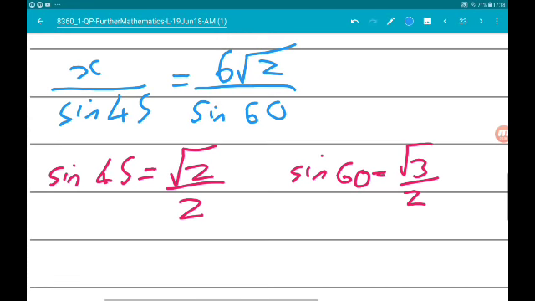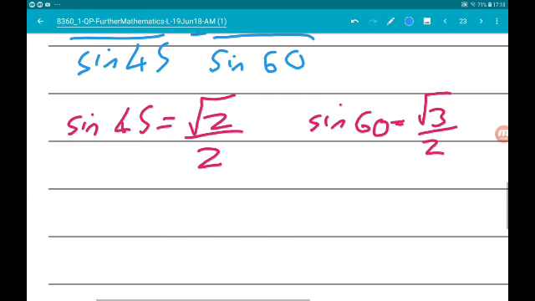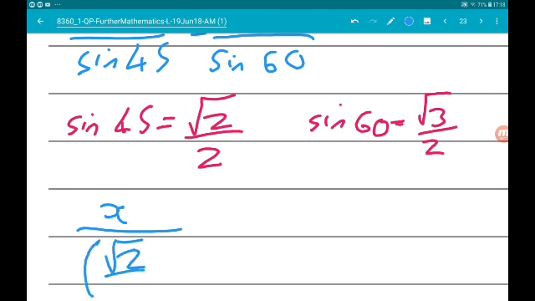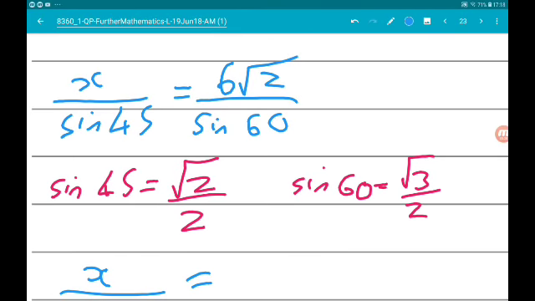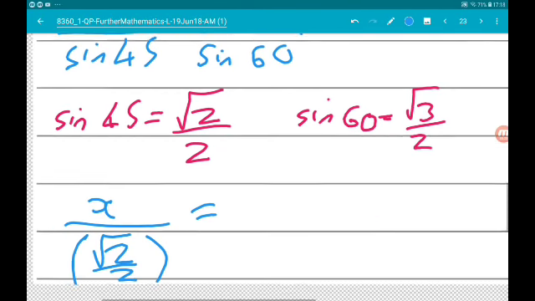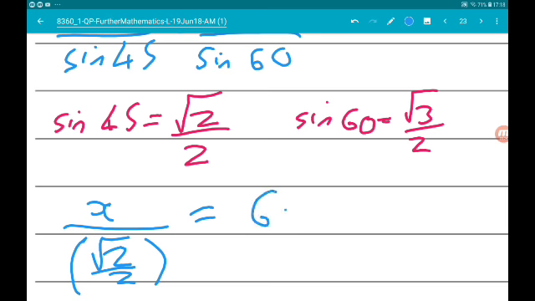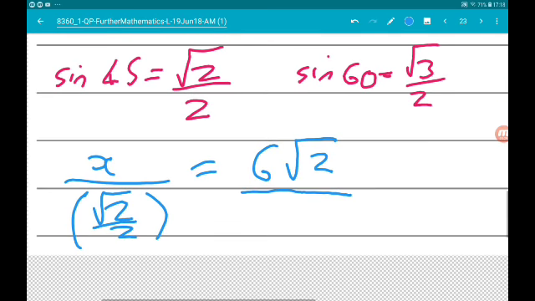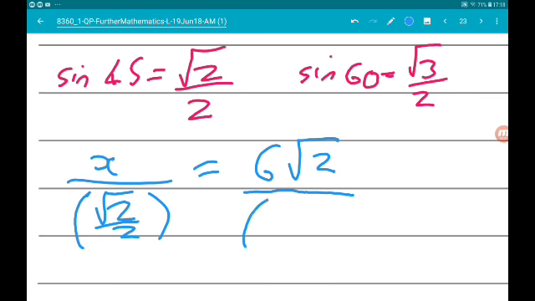So, x over sine of 45 becomes x over root 2 over 2, and that is equal to 6 root 2 over root 3 over 2.